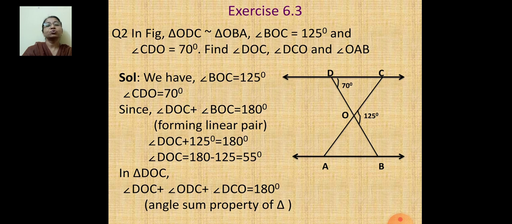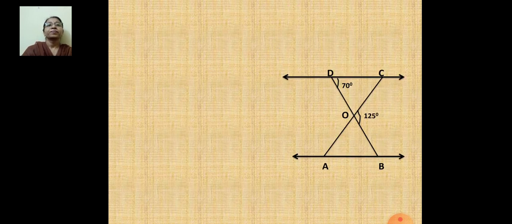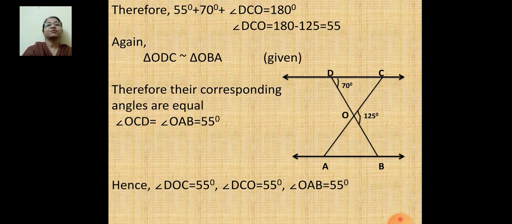Substitute the values of the two angles there. 55 plus 70 degrees plus DCO is equal to 180. Now 55 plus 70 is 125, that you shift to the other side. So you will get the measure of angle DCO as 55 degrees. So that means the measure of this angle DCO is 55 degrees.